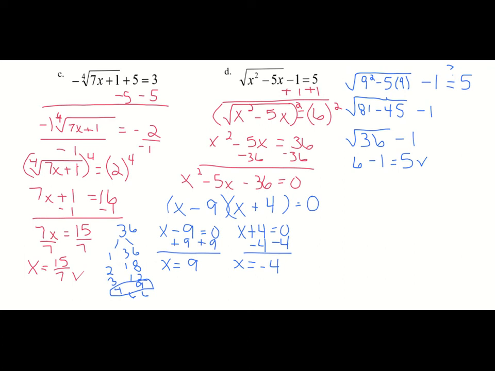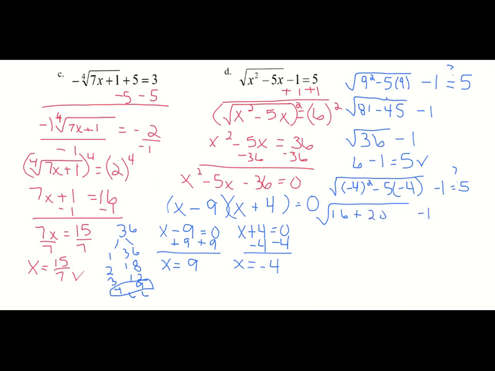Let's try our -4. So we have the square root of -4 squared minus 5 times -4, minus 1, and we see if it equals 5. -4 squared is 16. -5 times -4 would give me a positive 20.